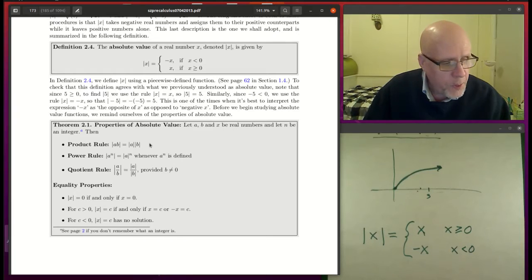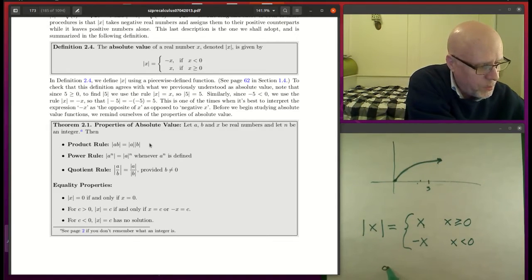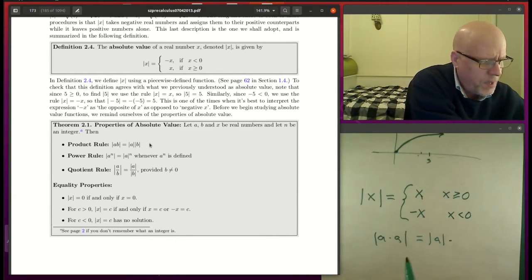If I did this, the absolute value of A times A, according to the rule we just wrote, should be the absolute value of A times the absolute value of A.